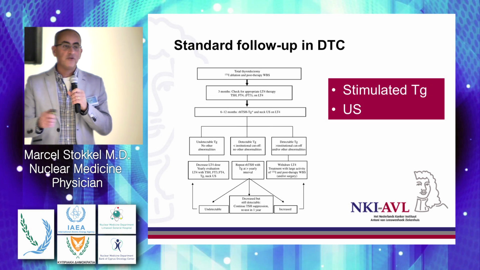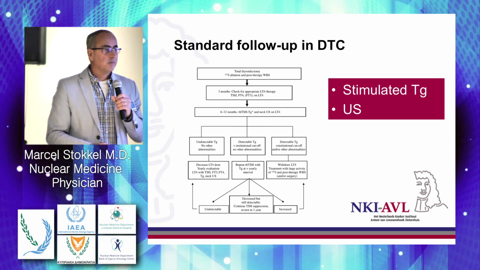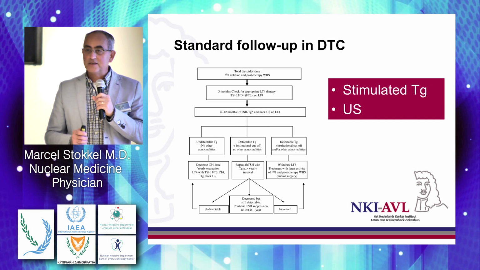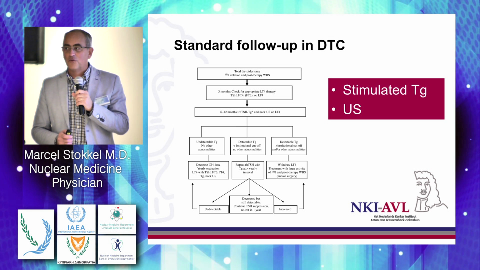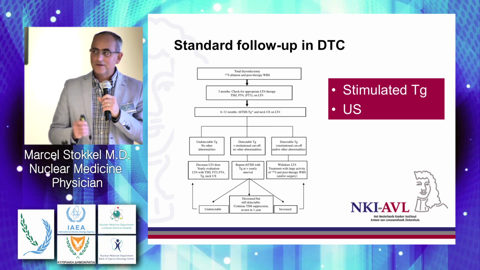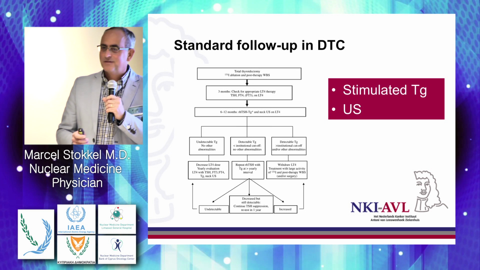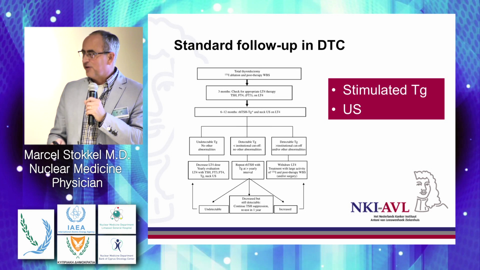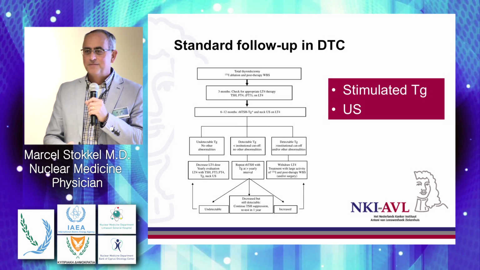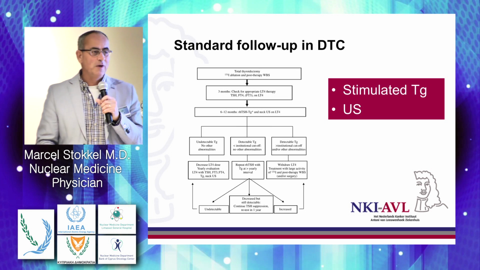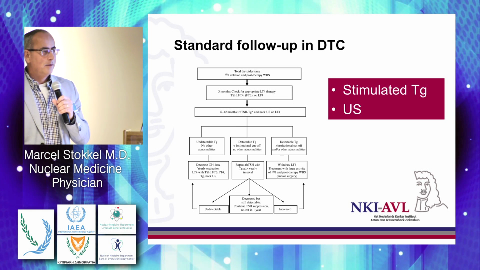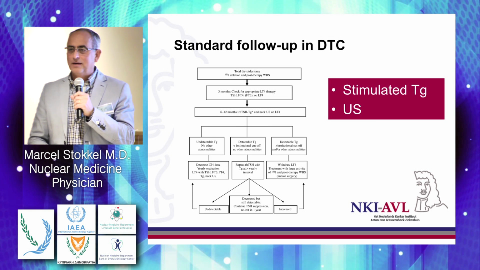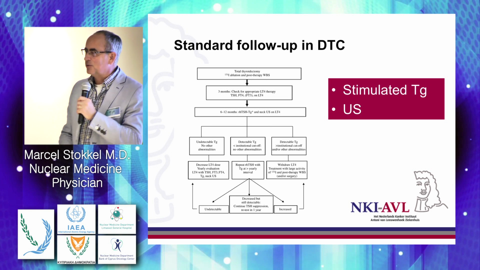If not, you have to redo the treatment. But the question is, what is the optimal amount of retreating a patient? What are you treating at that time point? Thyroid remnant or thyroid malignancy? What should we apply? There are no data really available in literature giving an answer to that question.